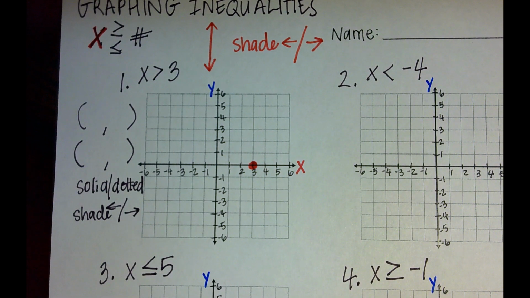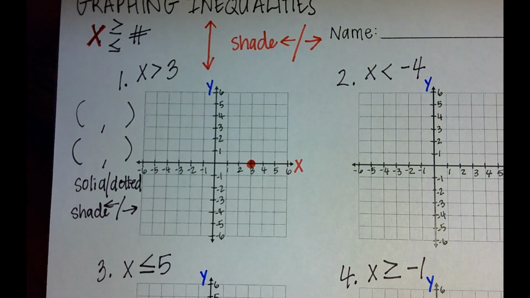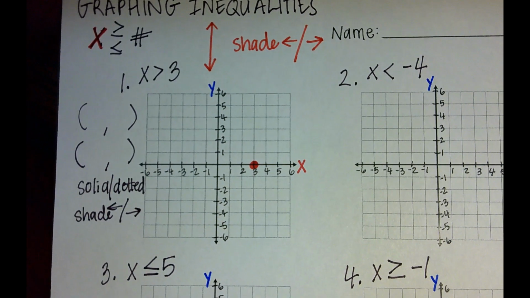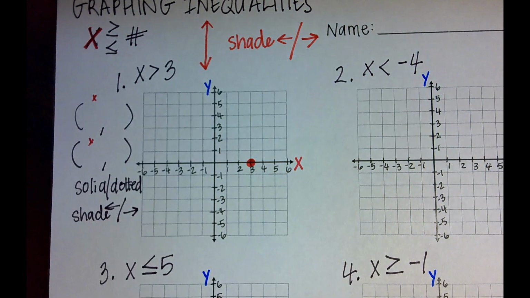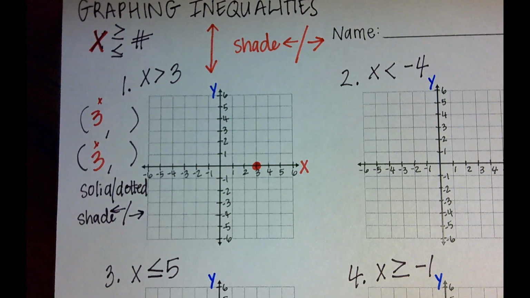So what could I do from here to decide what my line is going to look like? Yeah, sure. We can pick some different values for Y. What is X always going to be in my coordinates? 3. So if my X comes first, I'm going to fill in 3 for both of my X's.